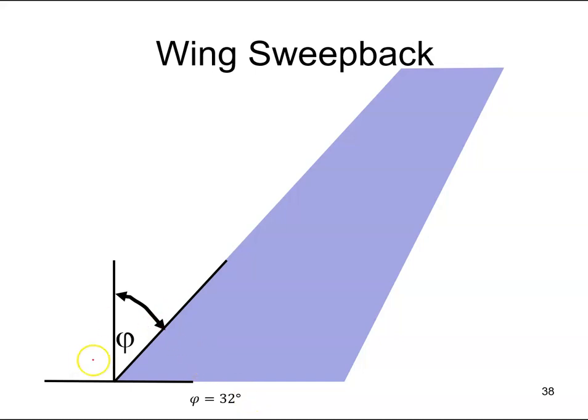Now I'm just going to complete my triangle here, and we're going to include the airflow coming over the wing. However, what really interests us is the airflow that is normal to the wing, the airflow that's perpendicular to the wing, because that is the airflow that generates our lift.